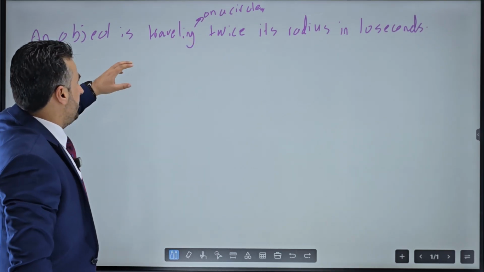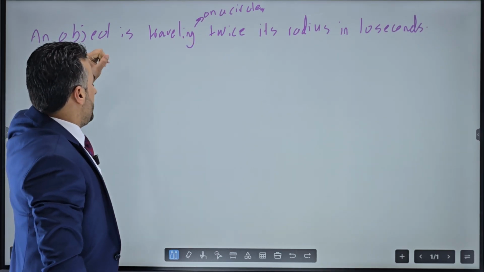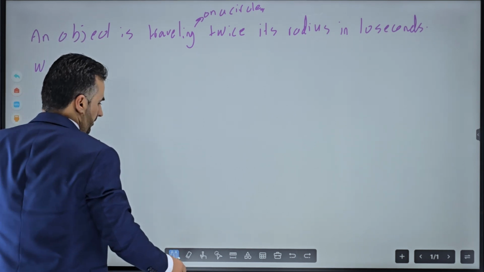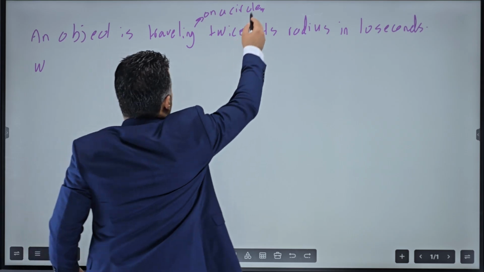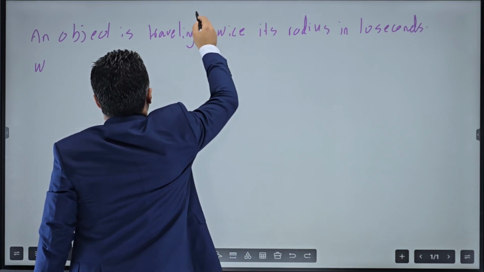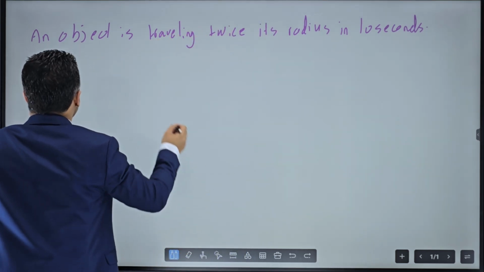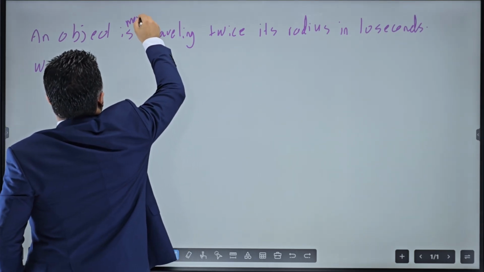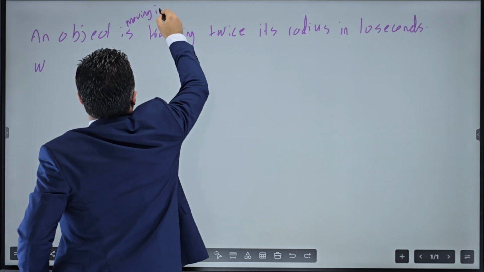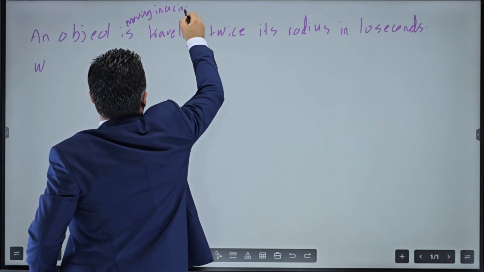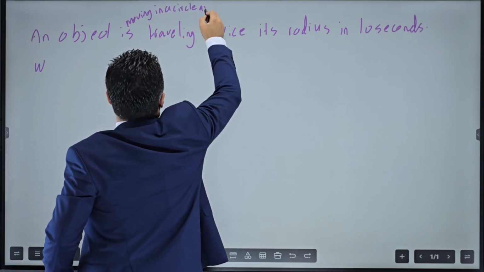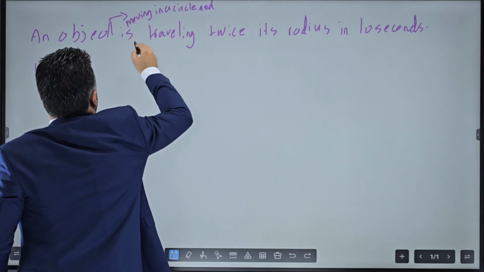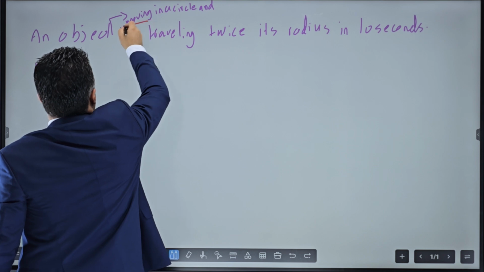So an object is moving in a circle, and it's traveling twice its radius. I think it would be best if I rewrite it. Okay, so let's just erase this part. An object is moving in a circle, and then is traveling, and after that, it gets back to this point here.